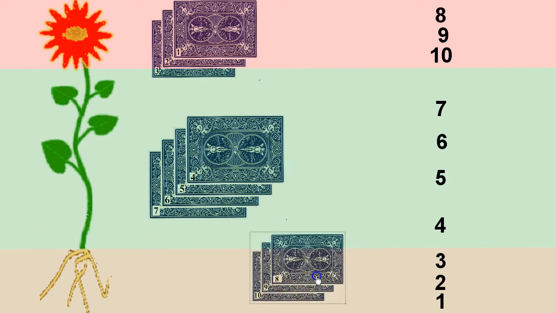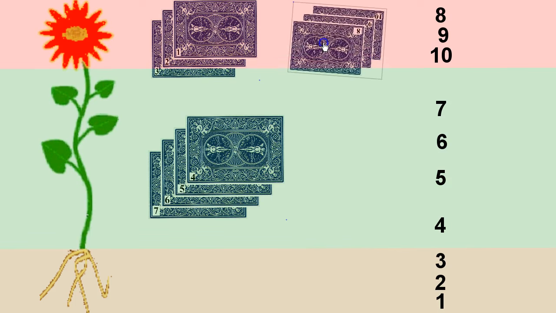So remember, after the first shuffle, brown goes to the red, and the order gets preserved. That's the first shuffle. Second shuffle, it goes back to the brown, but now it's upside down. Next shuffle, so we're on the third shuffle, it gets moved back to the red, and the upside down order's preserved.